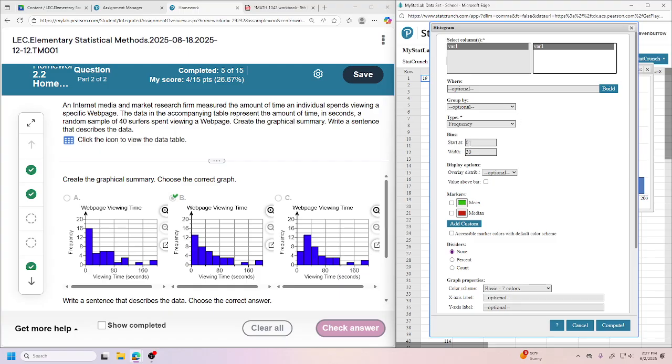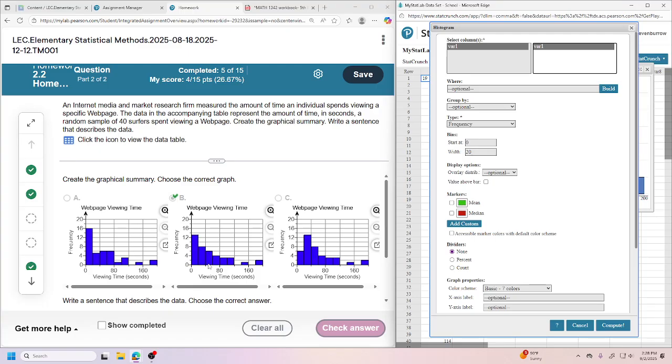I'm starting at 0 and then a width of 20. Yeah, and so I'm looking right here at the graphs that they have available. See how they're all starting at 0? And then each one of these bars looks like it's probably about a 20 width, because there's like 4 bars all the way going to 80. And so then I just change it to a 20.